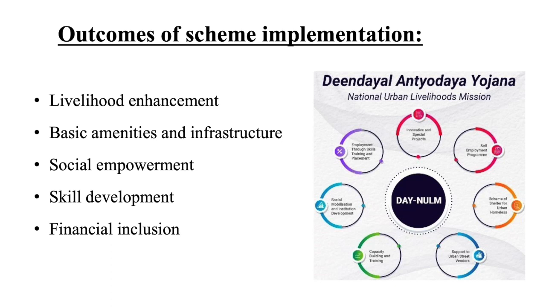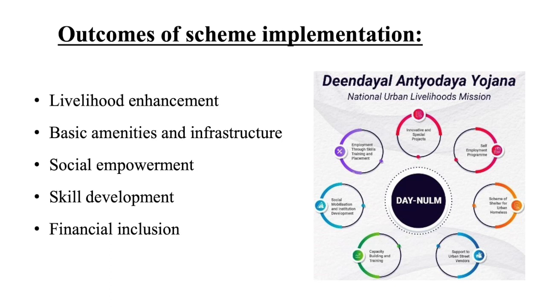Social empowerment, skill development, and financial inclusion have become an important outcome of this particular mission because it helps empower socially vulnerable groups such as the urban poor, especially women and other vulnerable groups. And it also helps to emphasize skill development of the urban poor.